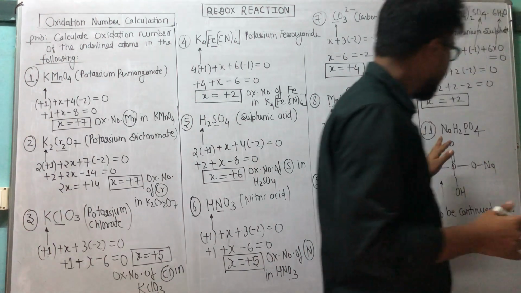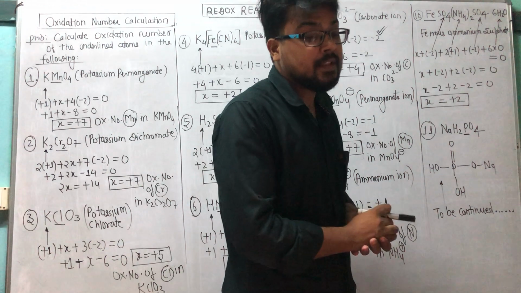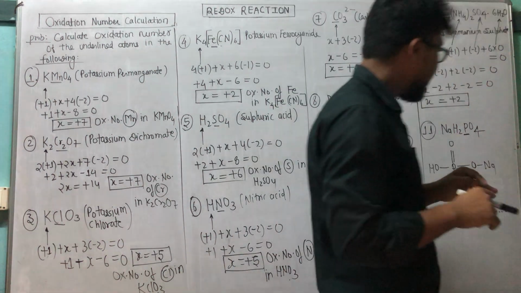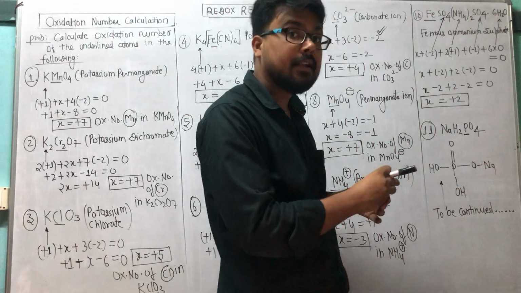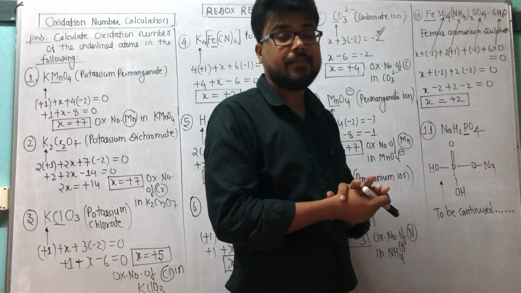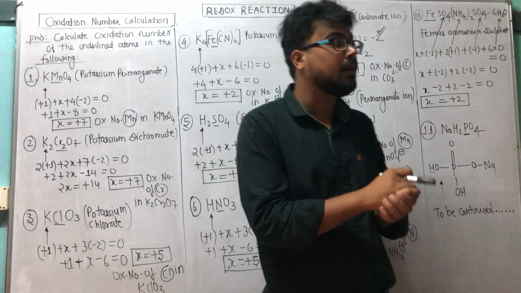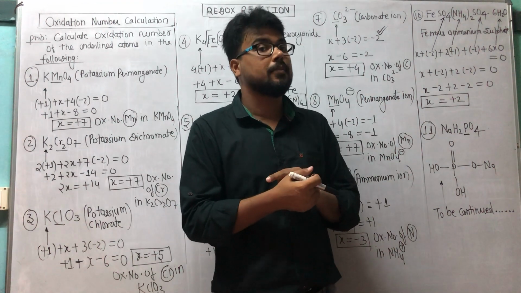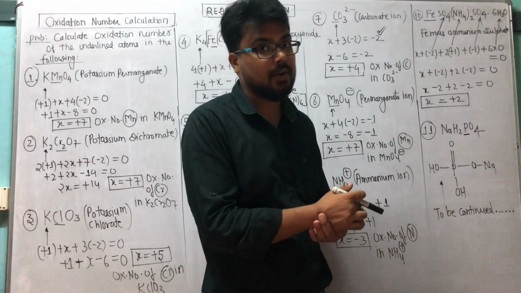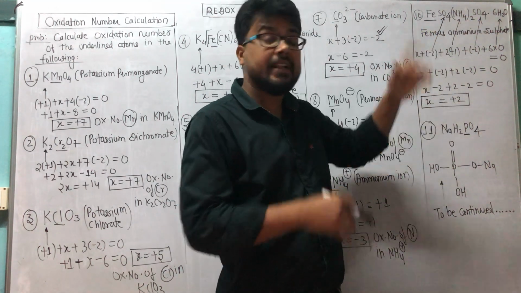And next is NaH2PO4 or structure-based example. So students, such kind of problem, such kind of structure I will take in my next video lecture. In part 3 I will discuss how we can calculate oxidation number of structural compounds, where structure is involved, where double bond, single bond is involved, where we will see again some problems based on complex compounds also.